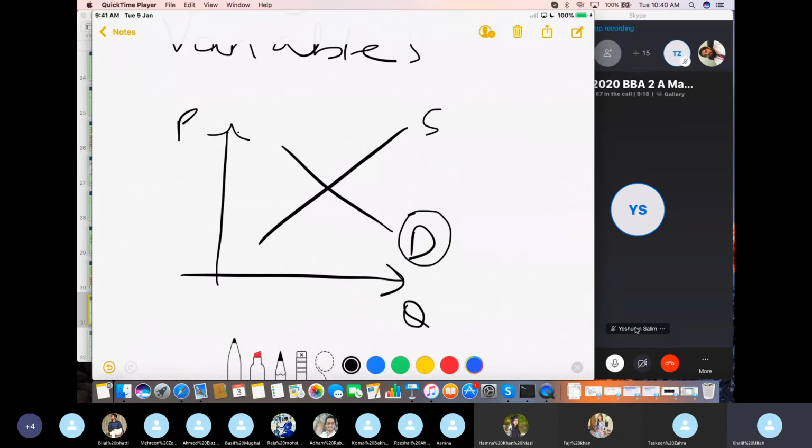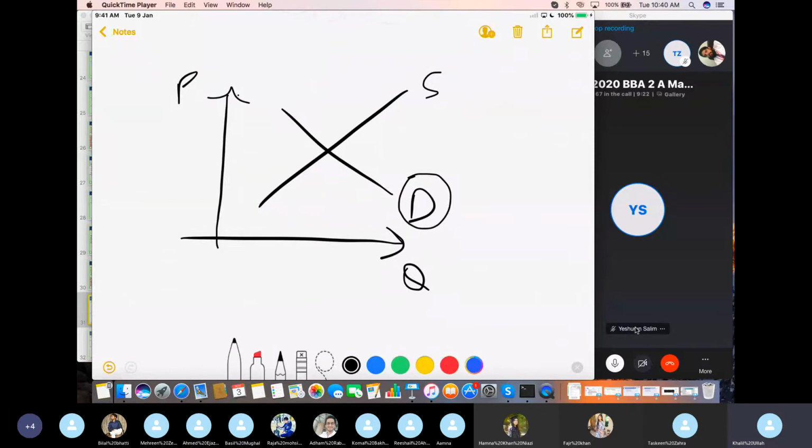In this demand and supply model, the variables that are part of the model, that are inside the model, the endogenous variables, are price levels and quantity demanded and quantity supplied. These variables can change, and we want to figure out the value of these variables that are inside the model.